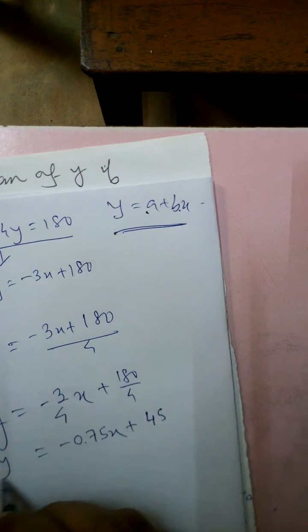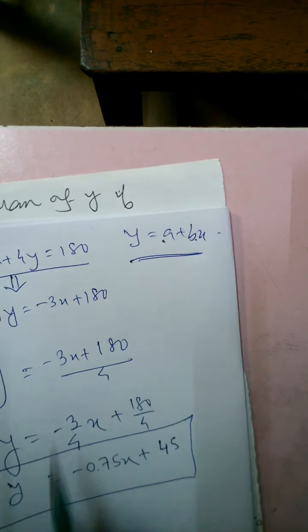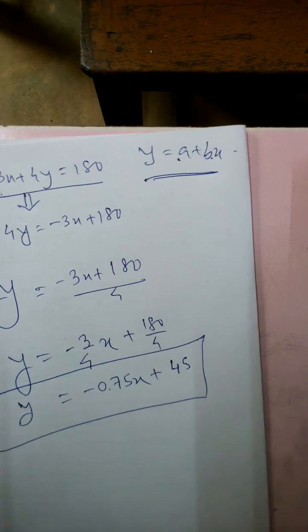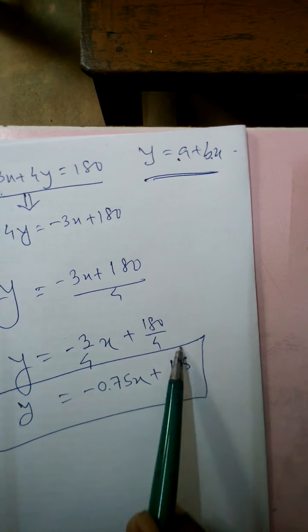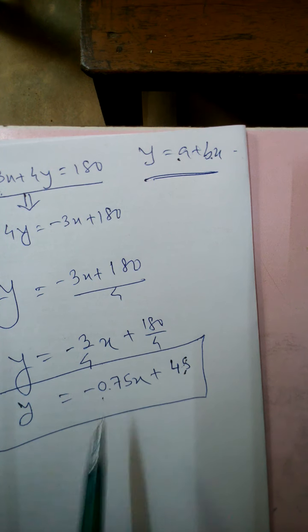Now you tell me which is A and which is B from this relation. If we wanted to think about origin and scale, that is the theoretical point. I said it's a useless concept for practical purposes. Still, A is 45 because there is no x here, and B is minus 0.75.